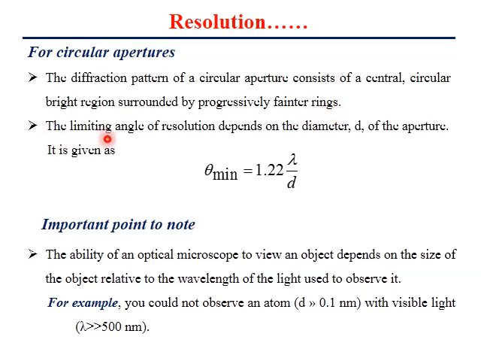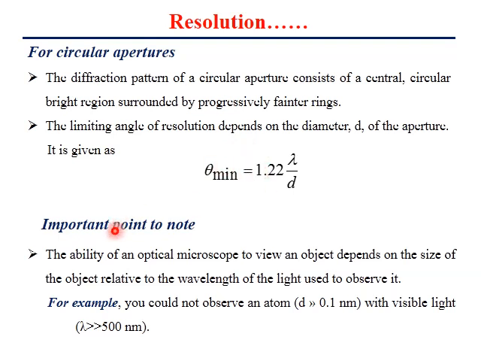Now the limiting angle of resolution depends on the diameter of the aperture. It is given as theta min equal to 1.22 lambda by d. For now you can try to remember this.